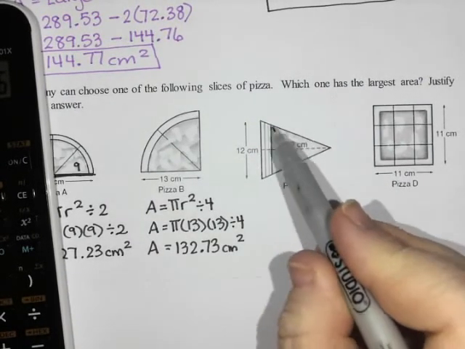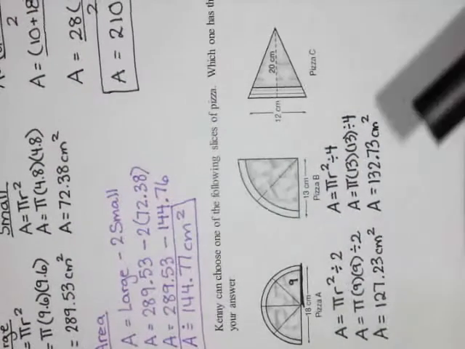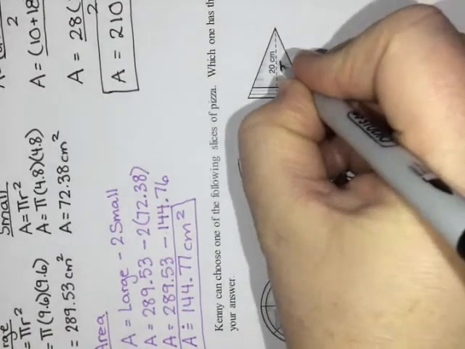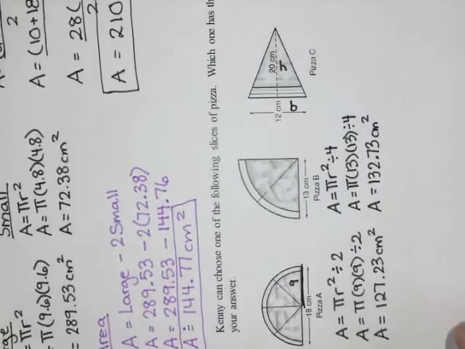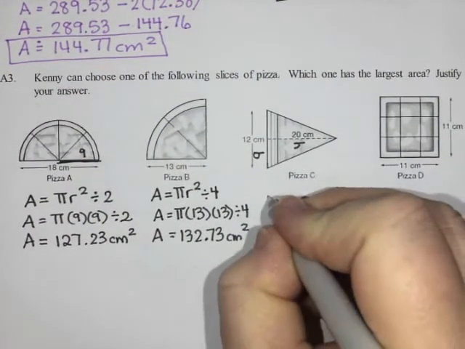All right, pizza slice C, we have a triangle, and it's actually on its side. So if I take a look at the triangle, this would be the base, and this would be the height. So the formula for the area of a triangle is base times height divided by 2.